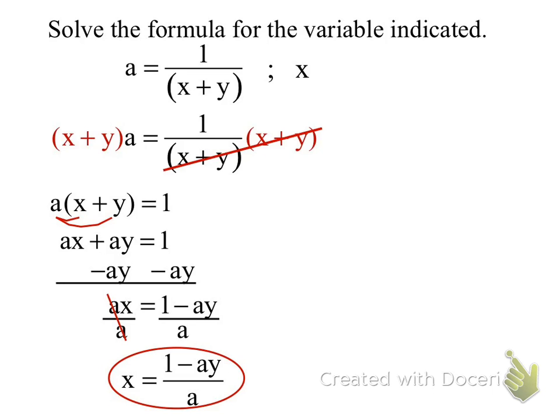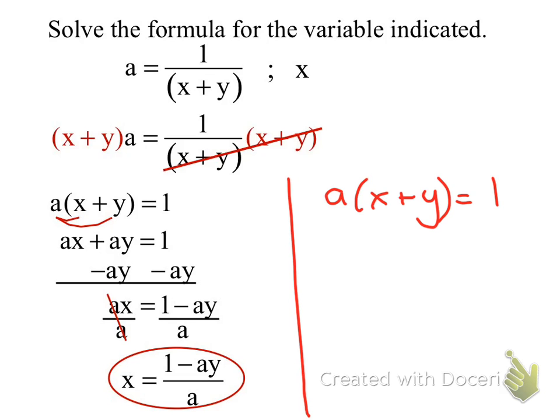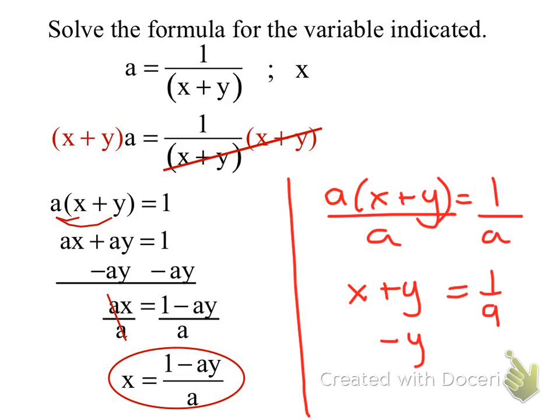Now, this might set you up to do it better. Because I think if I were here, I would have probably divided by A, divide by A, and then I get X plus Y equals 1 over A, subtract Y, subtract Y. I probably would have done that.